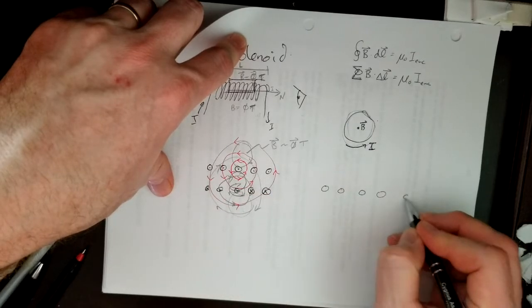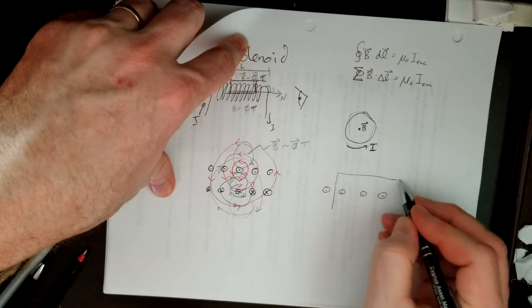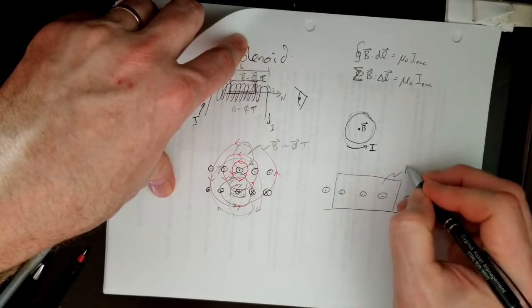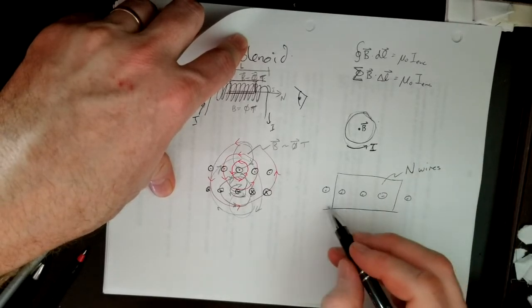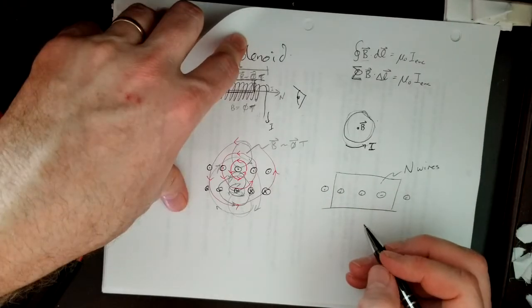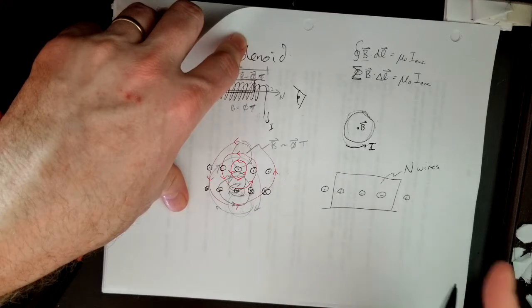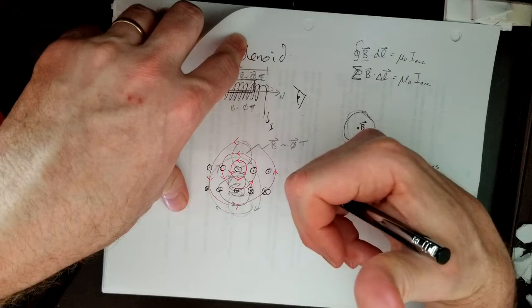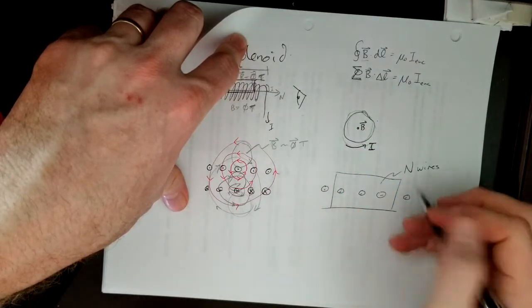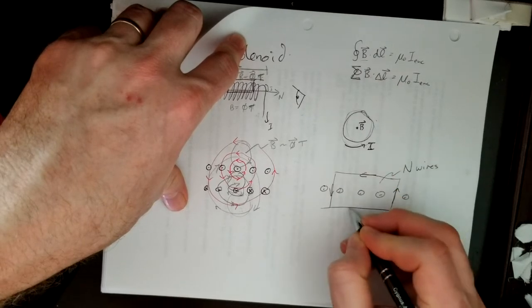Let's just take the top ones where my current is coming out. And I'm going to create a loop around capital N wires. Now the direction that I'm going to do my loop, I want it so that when I go in the loop, if I use the right-hand rule, it should point in the direction of the current. In other words, since my current's coming out, I want to do my loop in the counterclockwise direction, because my current's coming out here. So I'm going to do my loop in these directions right here.